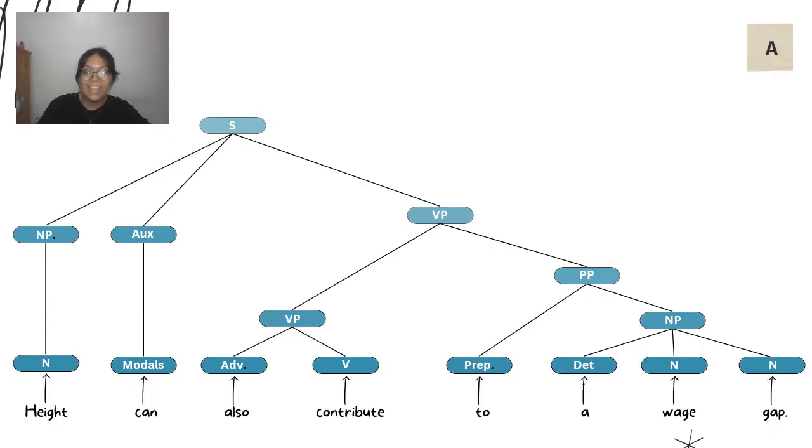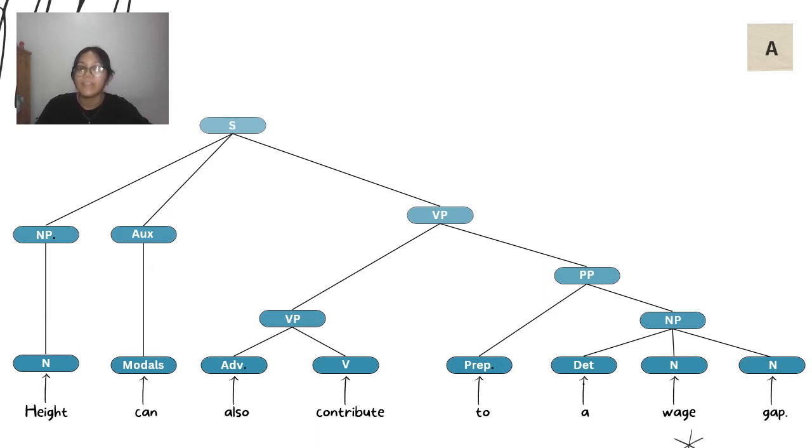And the last part is the tree diagrams of two simple sentences from the article. The first sentence is "Hate can also contribute to a wage gap." The sentence consists of a noun phrase, auxiliary, and verb phrase. The noun phrase is the noun itself, hate, and the auxiliary is the modal can.